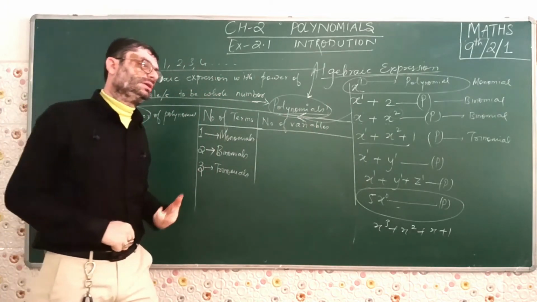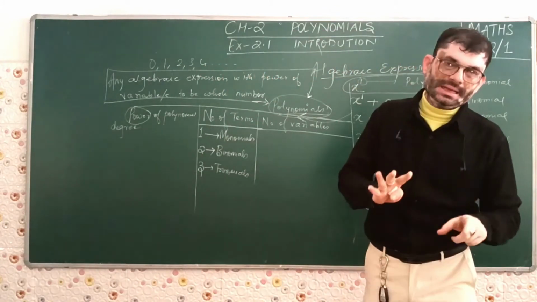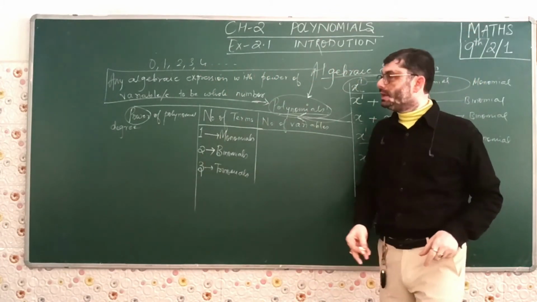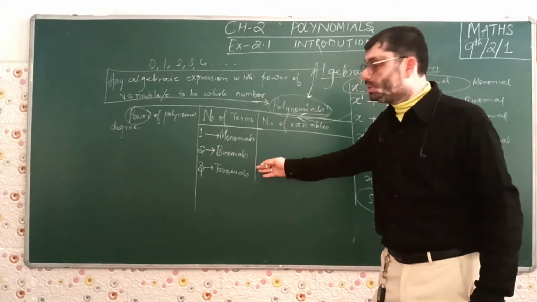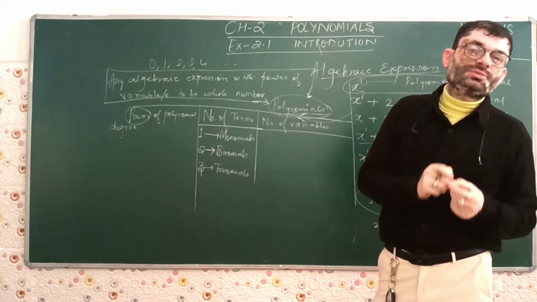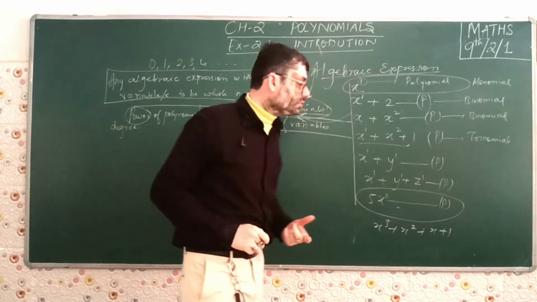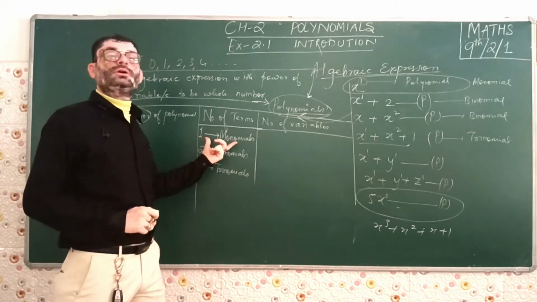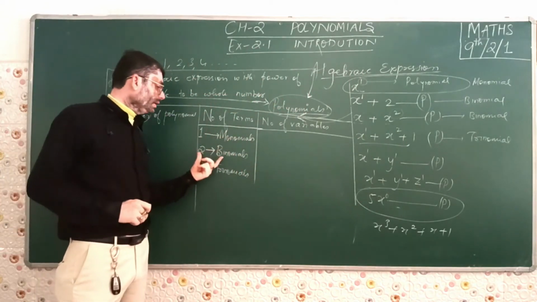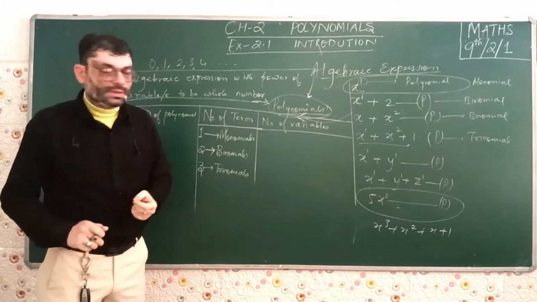When the number of terms exceeds 3, we generally call them simply polynomials. That doesn't mean that these are not polynomials. These are polynomials. But since the number of terms are small in size, we give them a particular name. These are also polynomials, but this can be called a monomial. With number of terms 2, binomials, a binomial is also a polynomial.